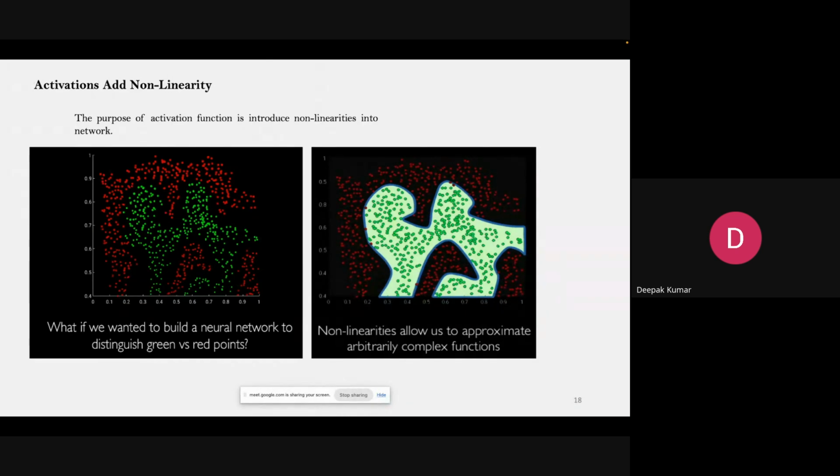This is again just an example of how linear and non-linear networks are distinguished from each other. You can see the left one is the linear and the right one is the non-linear function, right? So we can visually observe the difference when we introduce non-linearity.